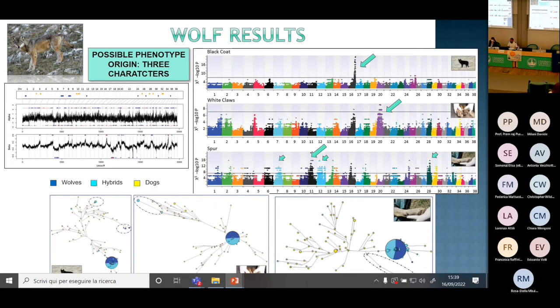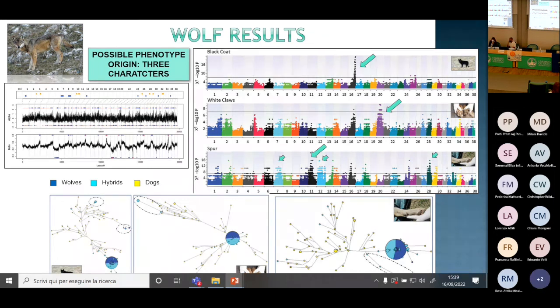GWAS and gene ontology methods allowed us to clearly identify the genetic basis of 3 anomalous phenotypes in the Italian wolf populations, detecting highly associated signals for the black coat, for the white claws, and multiple associated signals for the spur.